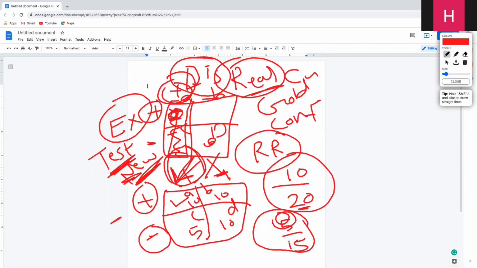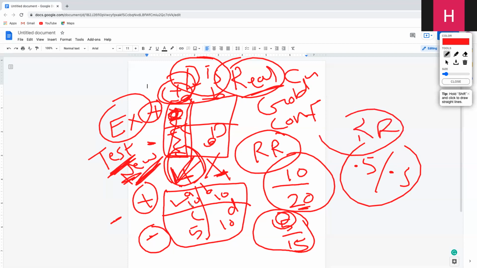So this will be the relative risk. It will be 0.5 divided by 5 divided by 15, whatever it is. Let's say 0.3. So this will be the final relative risk. Another way you can say it: exposed divided by the unexposed.